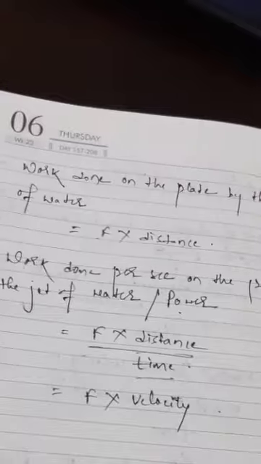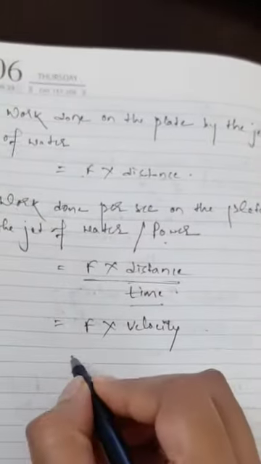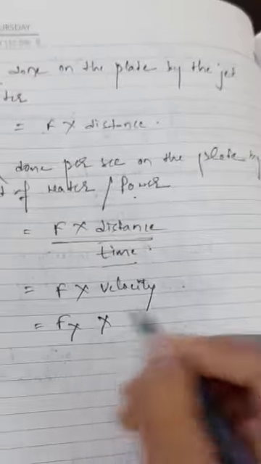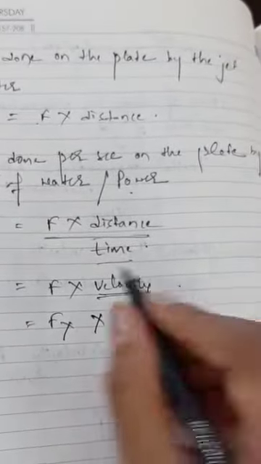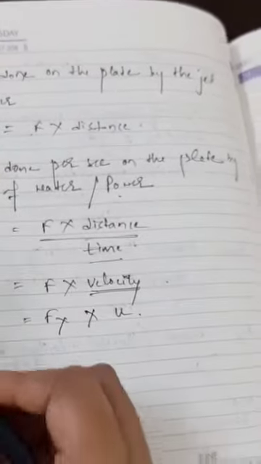So the work done per second on the plate by jet of water will be given by the force into your velocity. What is the magnitude of force that I am talking about here? That is your Fx into what is the velocity of the plate? That is your U. So velocity of the plate is given by U.